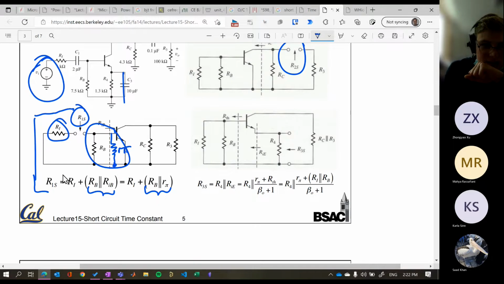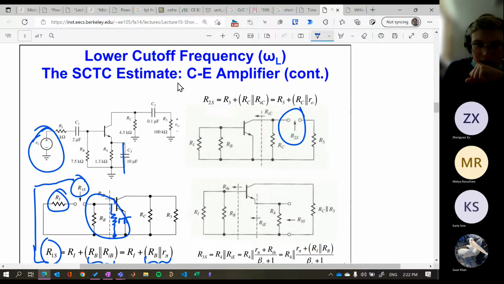Not too bad there. So we're happy with R1S. R2S, similar deal. So we're going to have our R3 in series with RC plus R0. So we're going to hit R0 here, and then it goes to ground, so we don't have to worry about these two.